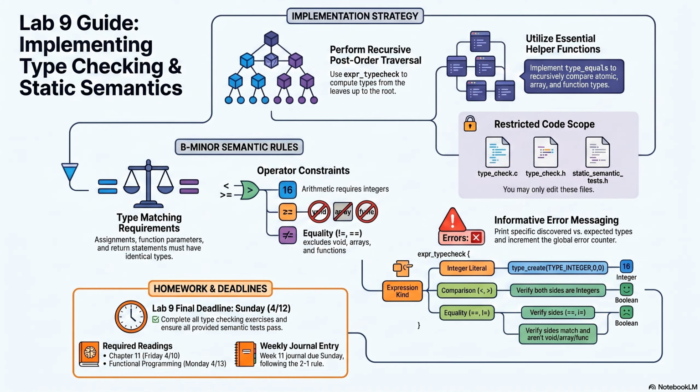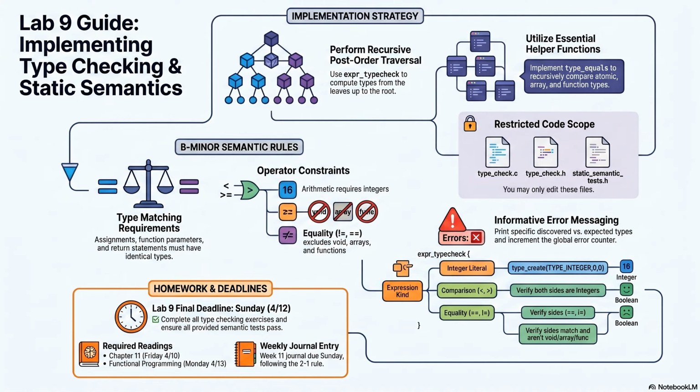Because trusting the recursion requires absolute confidence in your base cases, right? Yes. If your atomic type evaluations leak memory or return malformed structures, the interior nodes will inevitably fail. And trying to trace the origin of that failure through a massive AST is just, it's an agonizing process. Yeah, it sounds like a late night in the lab nobody wants. Avoidable pain. Just build it step by step.